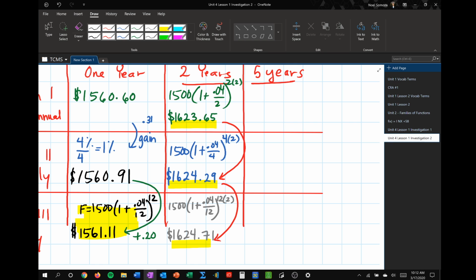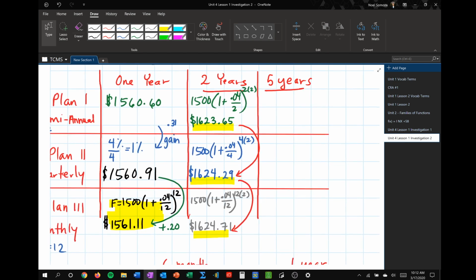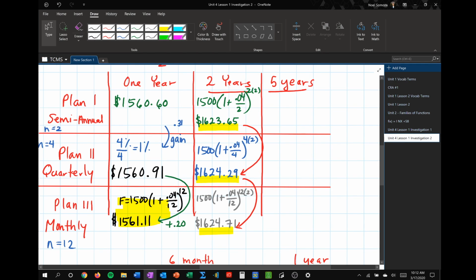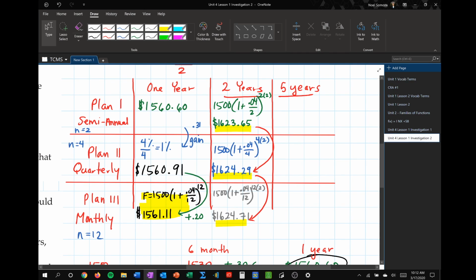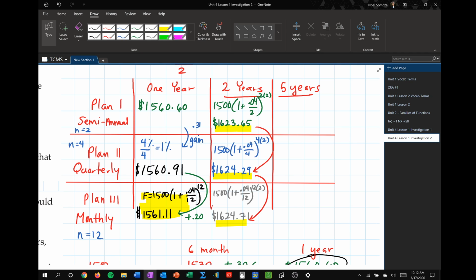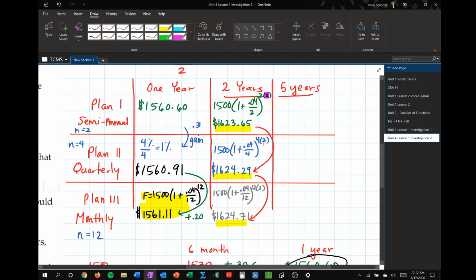Alright, so I'm going to stop here. I'm going to give you the chance to just finish up that table for 5 years, right? The only difference now is that instead of plugging in 2 for the power, that's the only thing that changes, right? You're not going to change this value here.